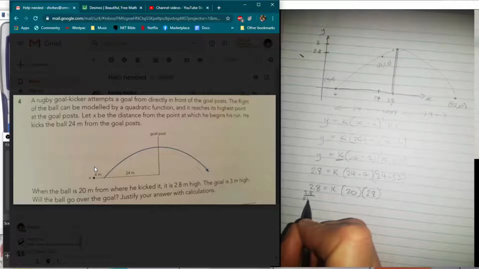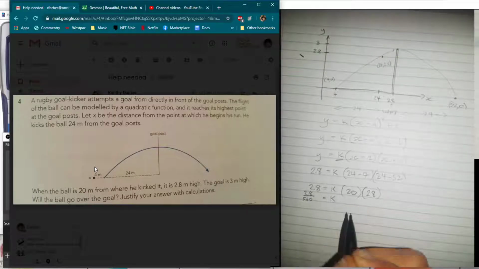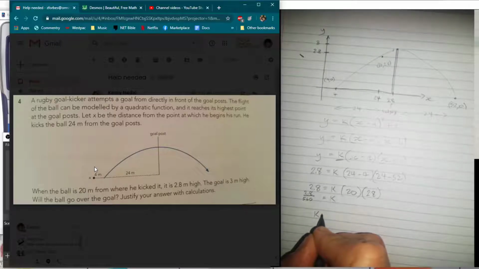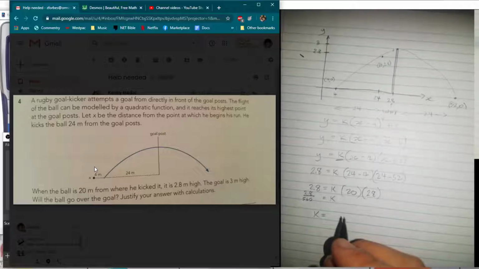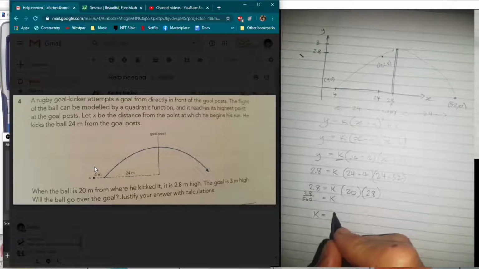I feel like that's a number that I should recognize. K equals... 28 and 56 are very much related. 28 over 56 would get me a half. So 2.8 over 56 would get me 1 over 20. I think it's 1 over 200.